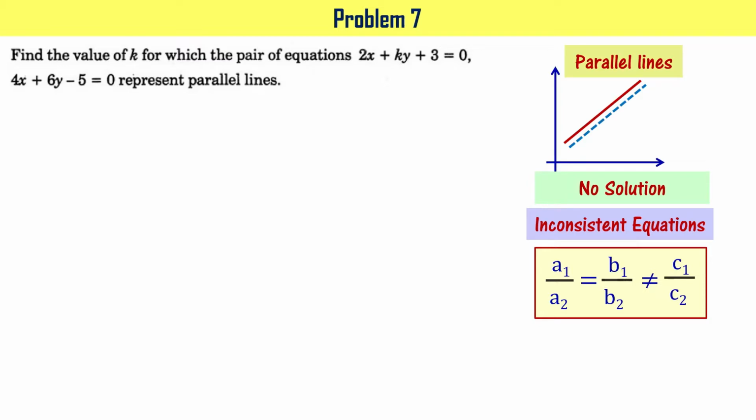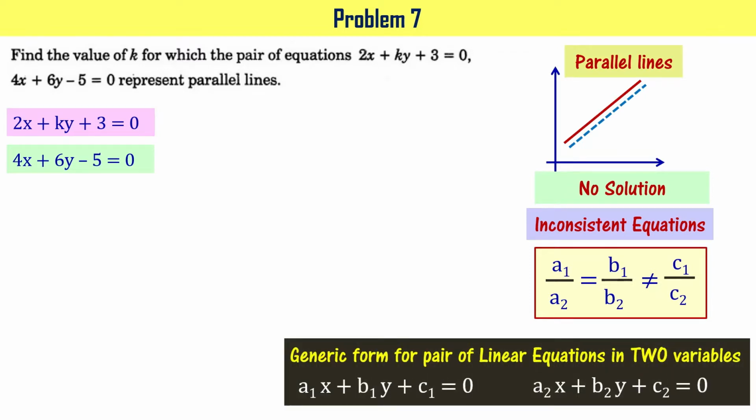Now let's write the equations given, that is 2x plus ky plus 3 equal to 0 and 4x plus 6y minus 5 equal to 0. We know that the generic form for a pair of linear equations in two variables can be written as a1x plus b1y plus c1 equal to 0 and a2x plus b2y plus c2 equal to 0, right?